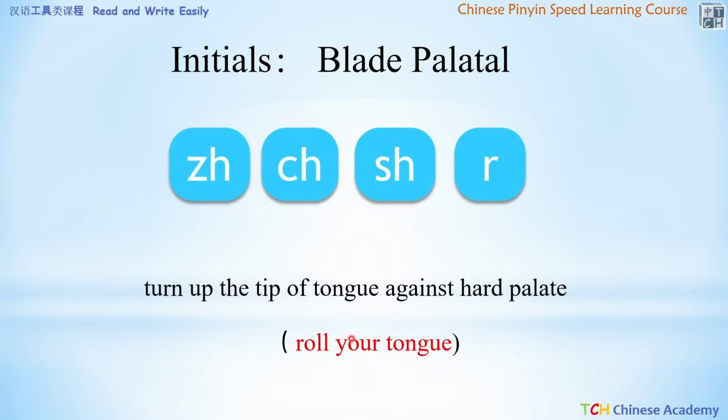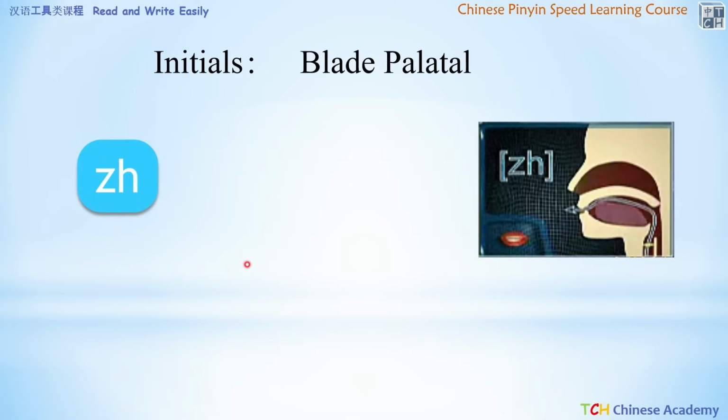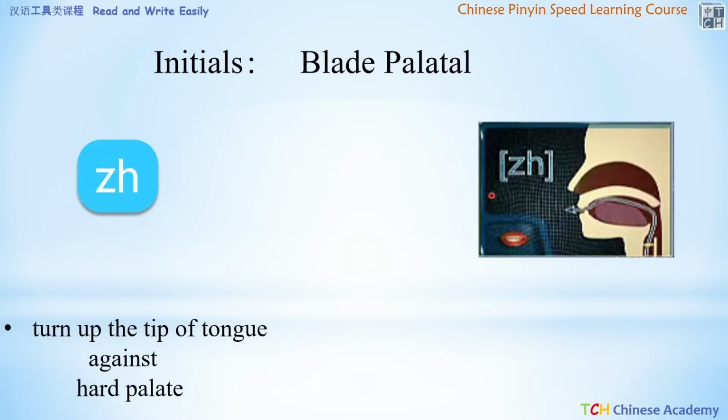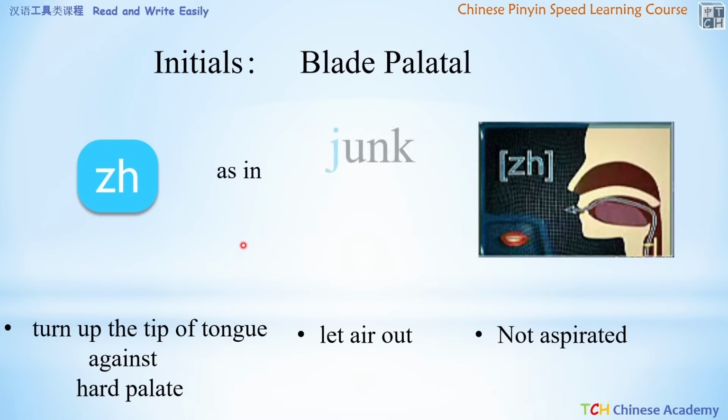This is very important in pronouncing these sounds. Well, let's look at the first one, zh. So, turn up the tip of the tongue against the hard palate and then loosen it a bit and let air out. This sound is not aspirated, just as in the English word junk.